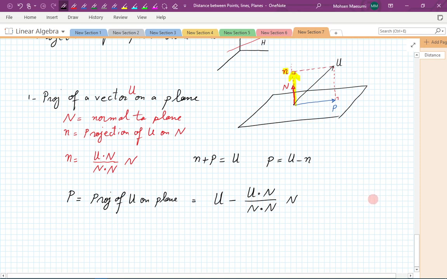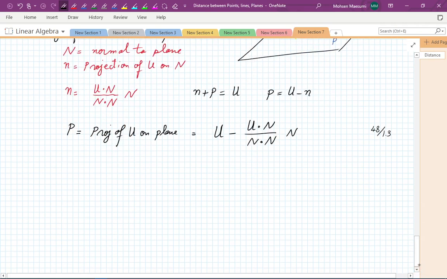So for example, problem 48 from section 1.3. It goes like this. Suppose it says find the projection of u, given as (1, 0, -2), on the plane.